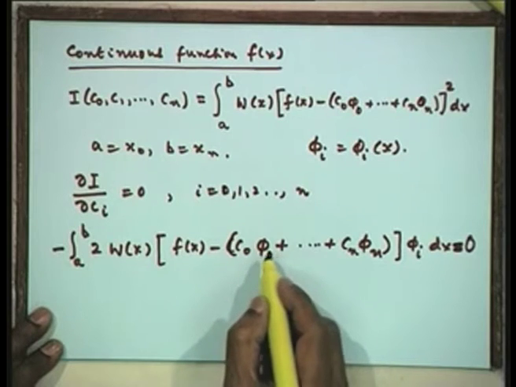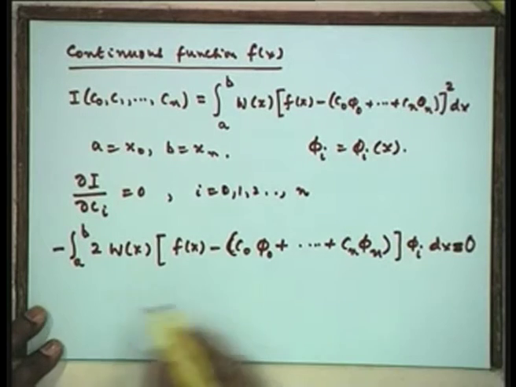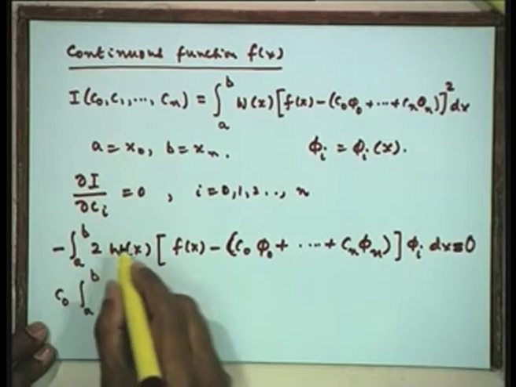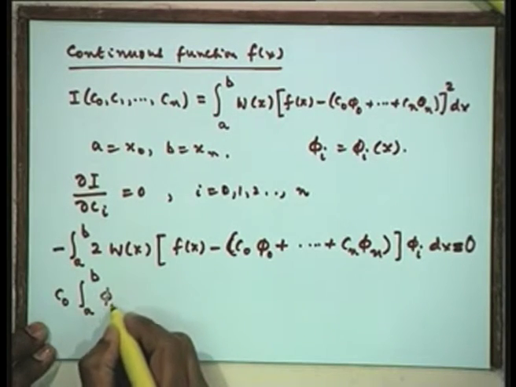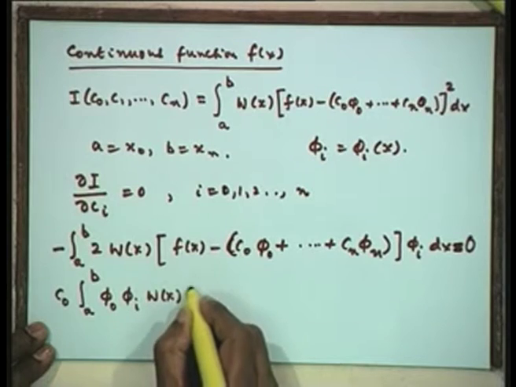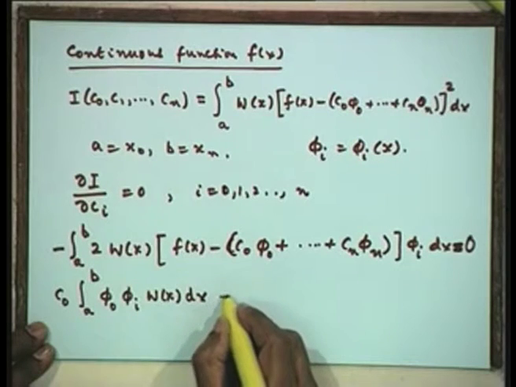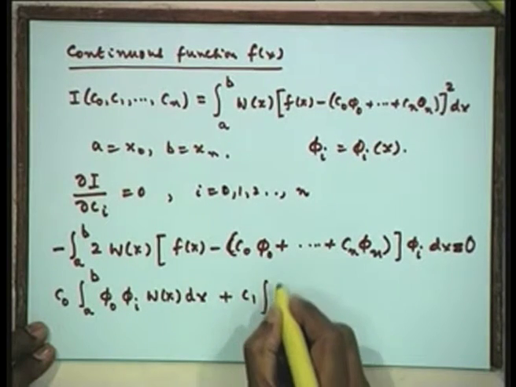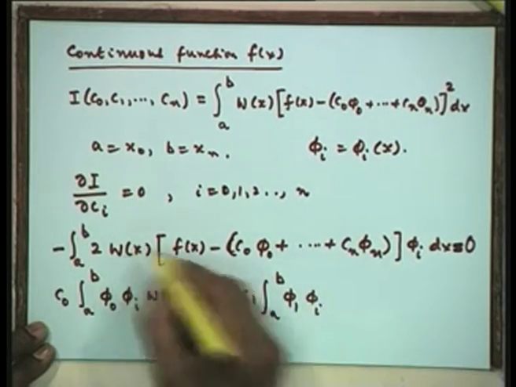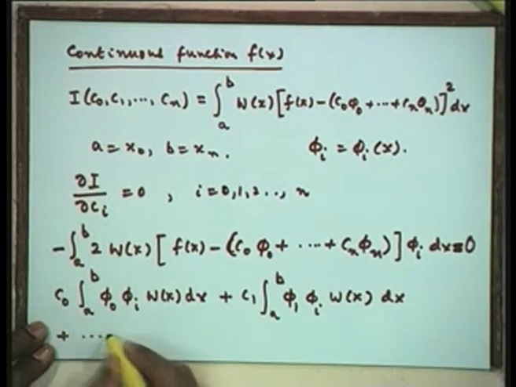Now, again we will retain the terms with c0, c1 and so on on the left hand side and take the rest to the right hand side. Therefore, I can write this as c0 times the integral from a to b, cancelling the 2 also, of phi0 phi i w(x) dx, that is the first term, plus c1 times the integral from a to b of phi1 phi i w(x) dx, plus so on.